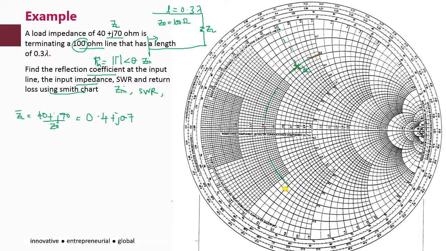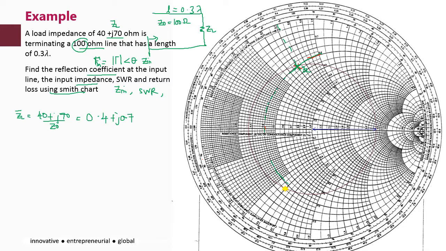Then once you have that, you can draw your SWR circle as usual, and to get the SWR value you can just get the radius.